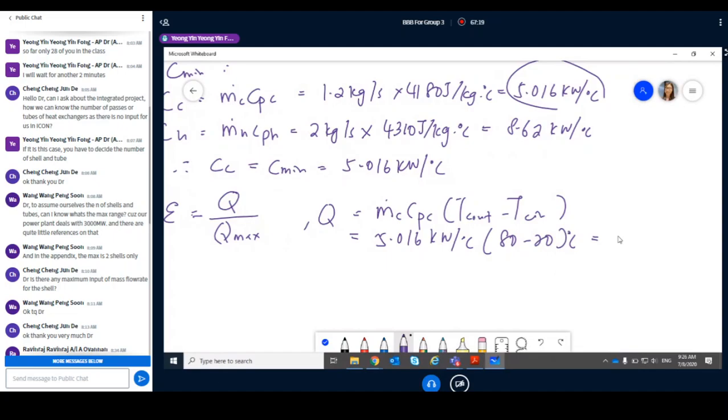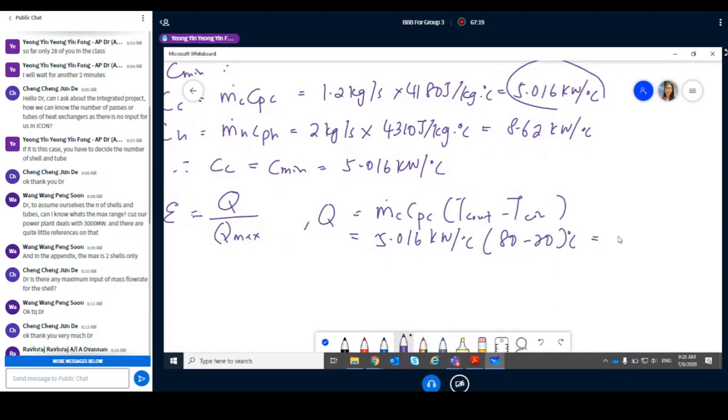So for counterflow double pipe, you need to go back to the chart or the table. Because you need to get the NTU, isn't it? By knowing the effectiveness, either you use this equation. So the C value is less than 1, because the C value that we got just now is 0.572.